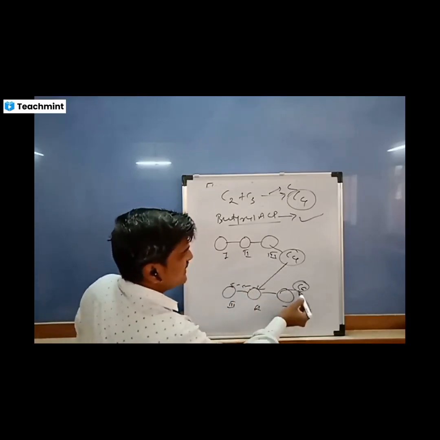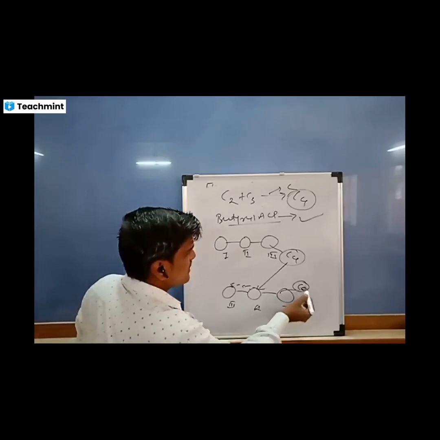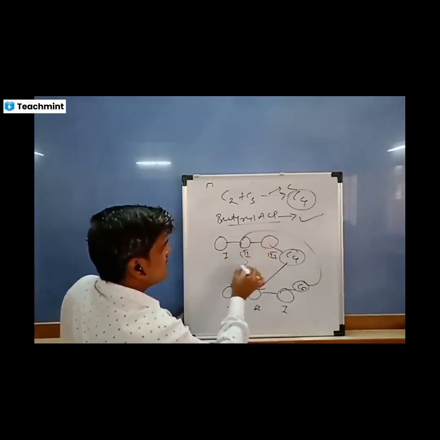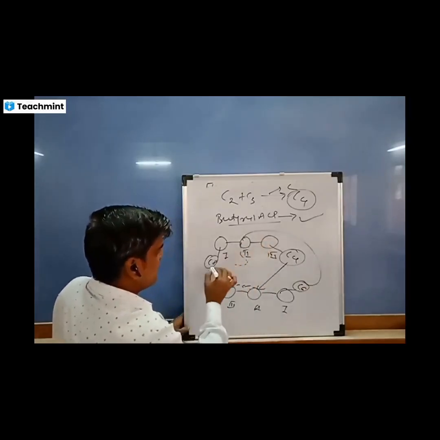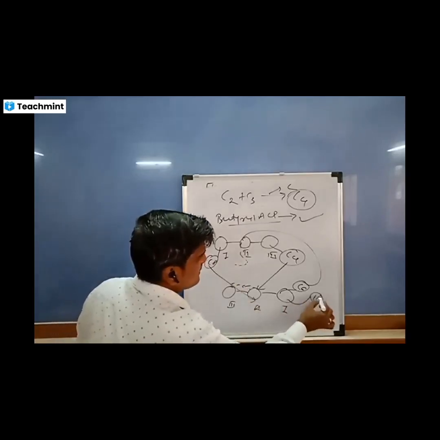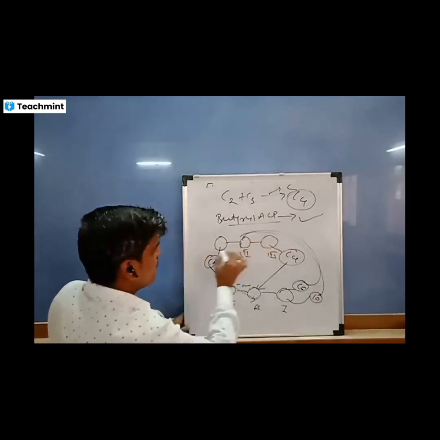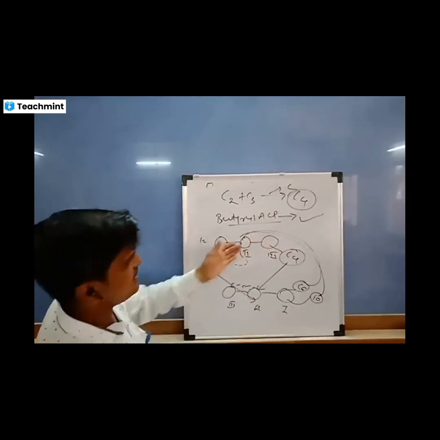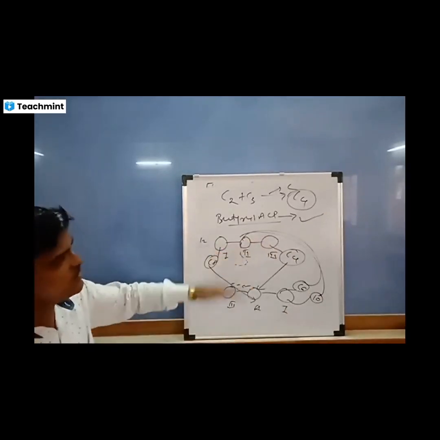Now this C6 in the next round of elongation is ready to transfer here to elongate the chain to form C8. This C8 again transfers here to form C10. C10 again transfers here to form C12. So there is continuous translocation between opposite chain domains.